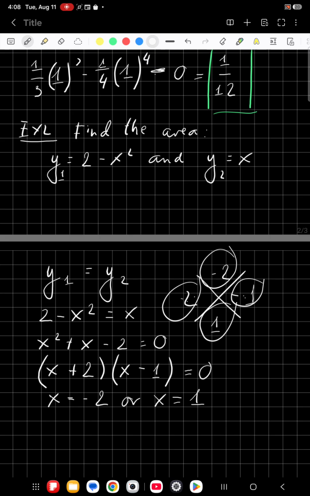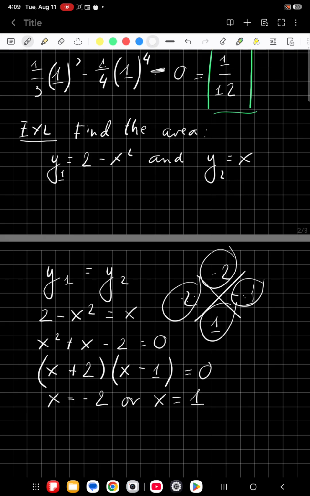To find the y, we have two expressions for y. The second one looks easier, so I can just plug in my x's. I'm plugging in negative 2 here, and 1 also here.